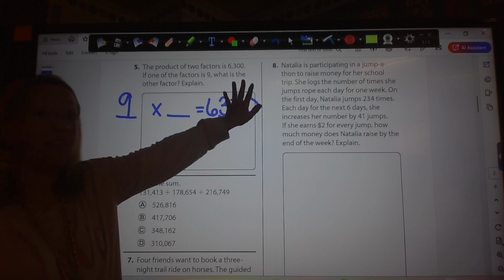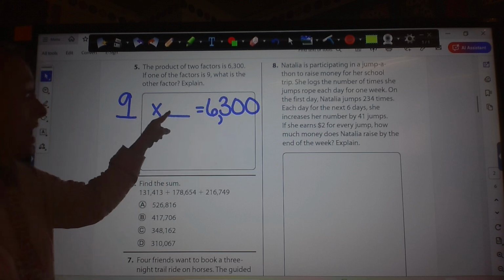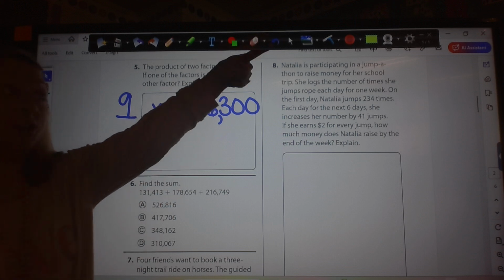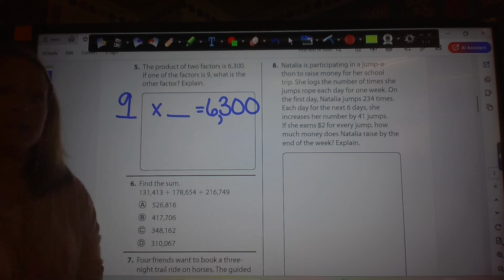Right? So the basic fact we're trying to figure out is 9 times what is 63, right? Okay, we can use our things up there for that, right?